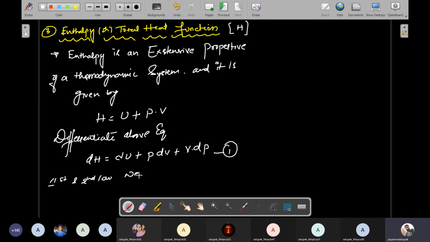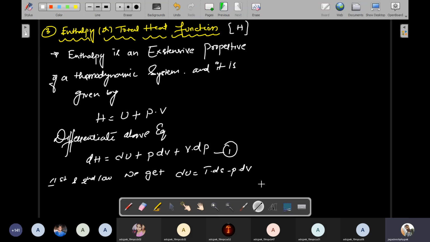We get dU = T·dS − P·dV. This equation we already obtained from the first and second laws. Simply substitute this value into the equation.